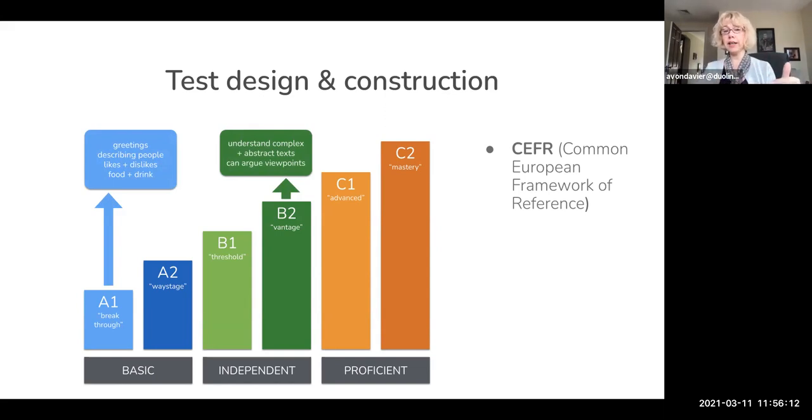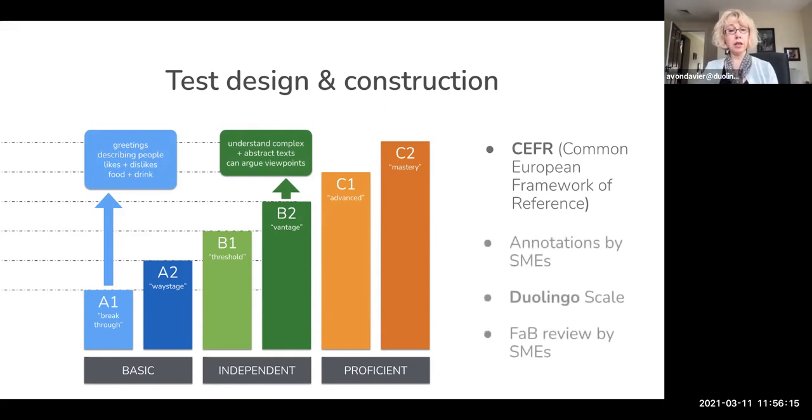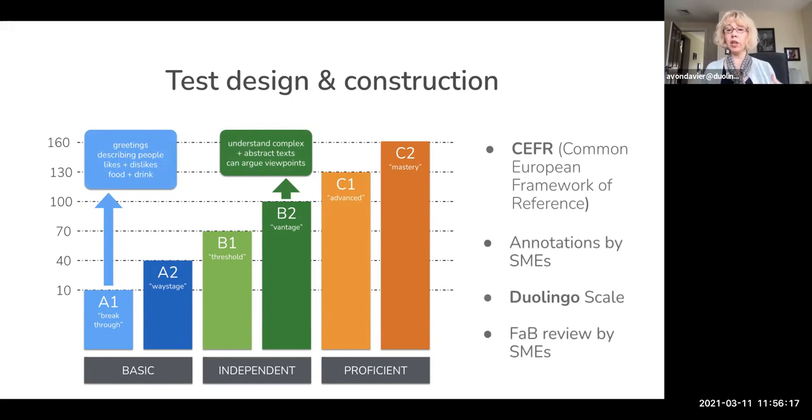And this alignment is done initially by humans. So then what we do is to put all of these annotations by humans onto the Duolingo scale. And then we generate multiple items in each of these levels. And after that, they are reviewed for fairness and bias. So there is a mapping between the CEFR scale and our Duolingo scale, as you can see on the left.